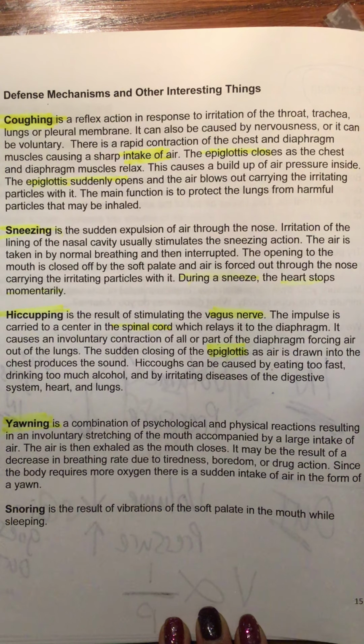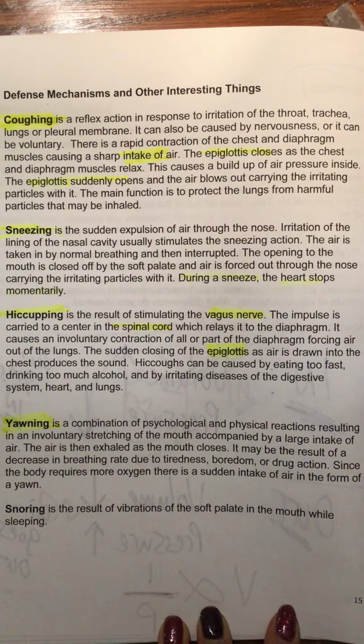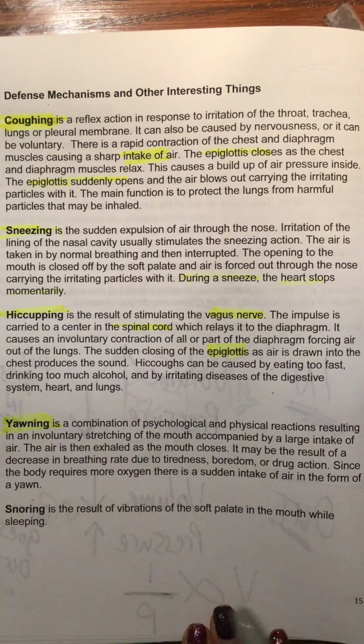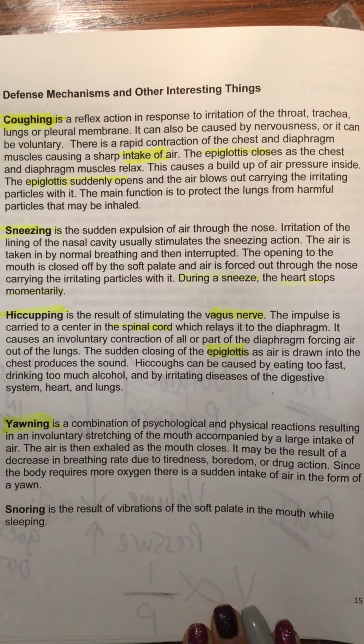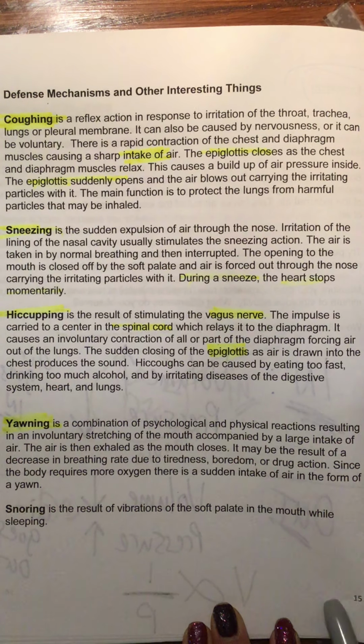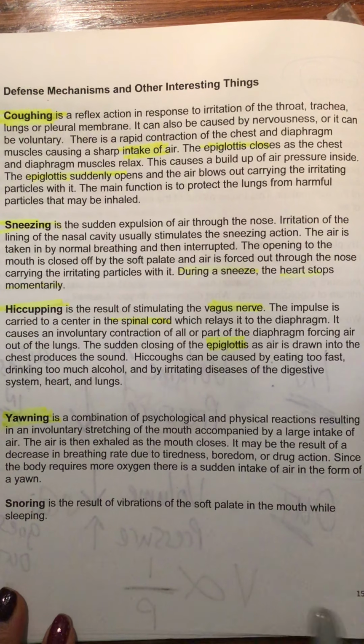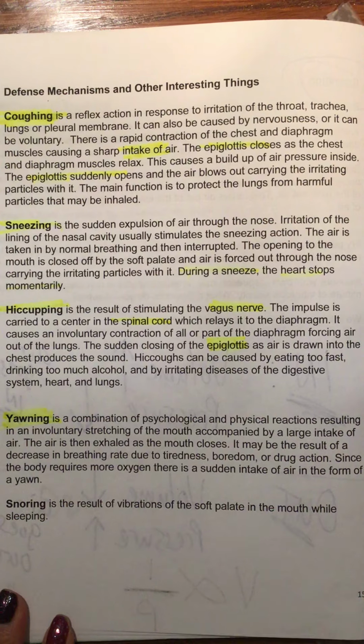And when you open your mouth wide, I'm yawning. It actually is just thinking about yawning. Again, it's a psychological and physical reaction. So when you see someone yawn, because they're tired or bored or there's a drug action in their body, you may actually want to yawn as well to increase the oxygen in your brain.